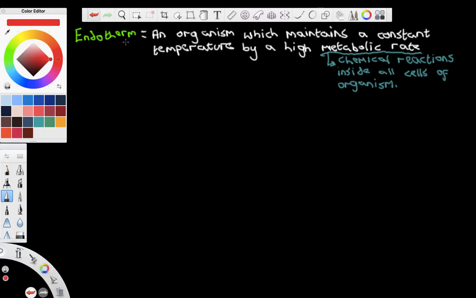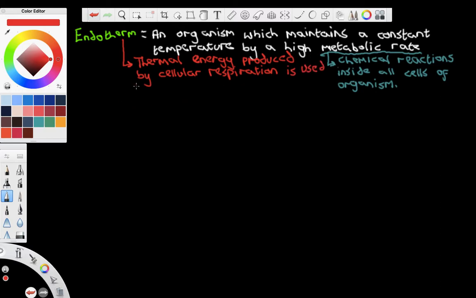So we can say underneath here in red, essentially with endotherms, that the heat or thermal energy produced by respiration or by cellular respiration is used to maintain body temperature.